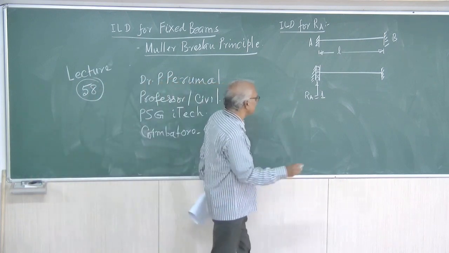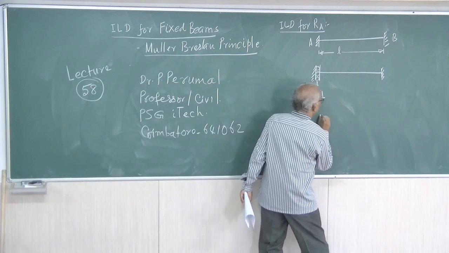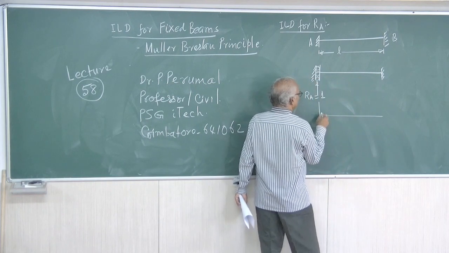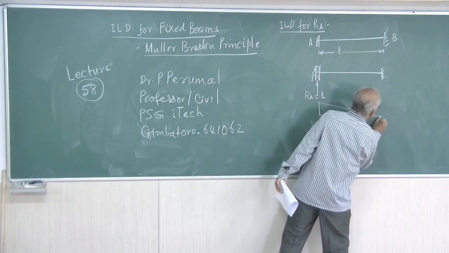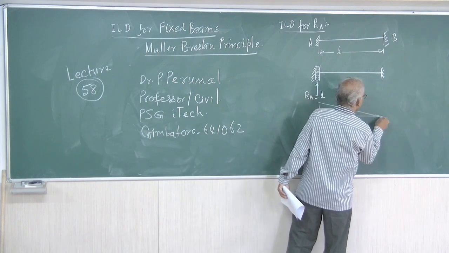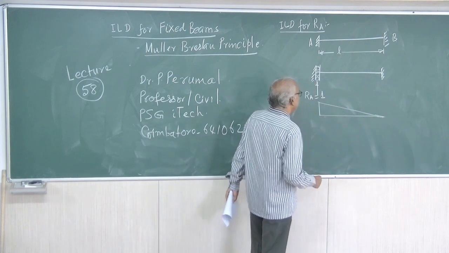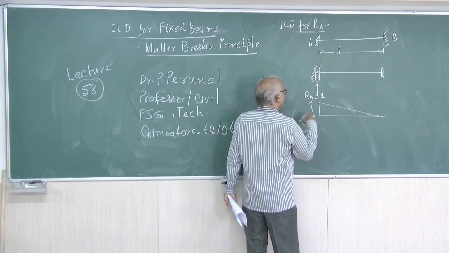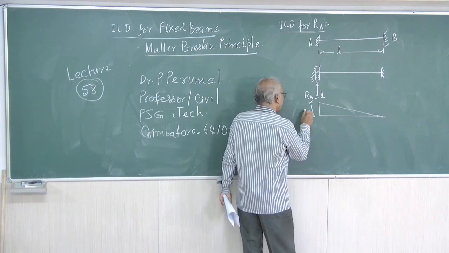So, in that case, now you will have, this is for RA only. Let us say that this is 1. If this is 1, that is the influence line diagram. Let us say it is 1.